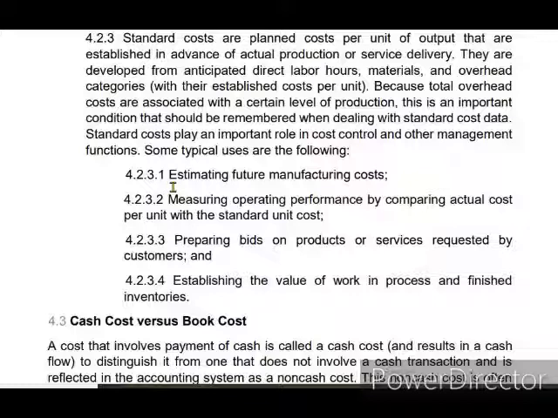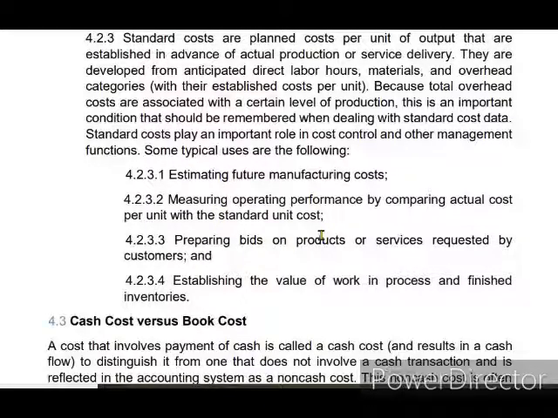So next, measuring operating performance by comparing actual cost per unit with standard unit cost. Yes, because standard cost plays an important part here, to measure the performance.